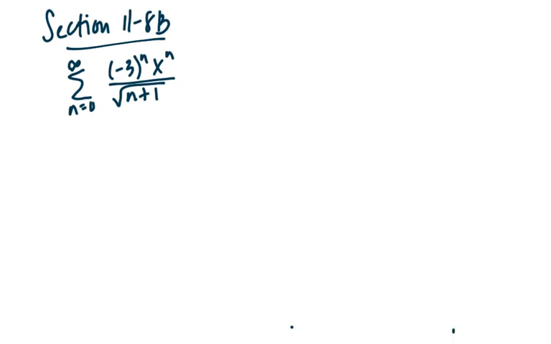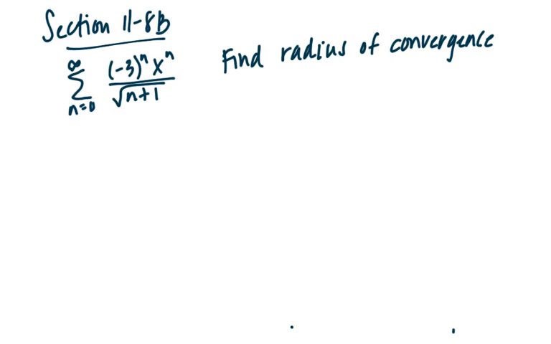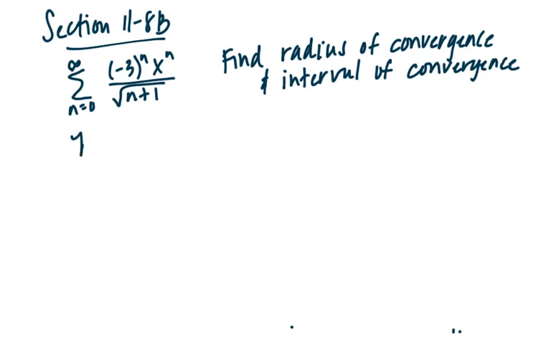So on this problem, we're supposed to find the radius of convergence and the interval of convergence. So let's look at the ratio test because we have powers here, and the root test isn't going to be helpful.